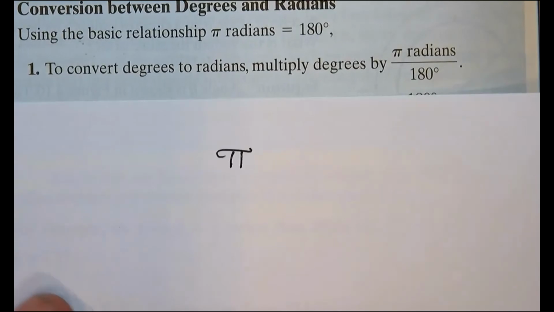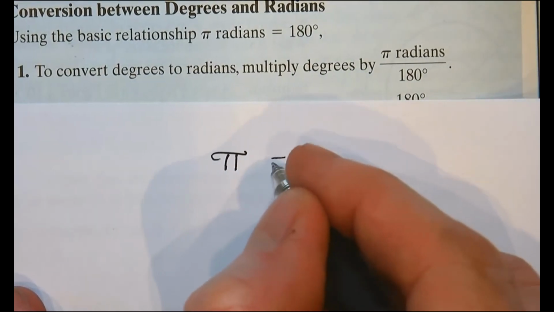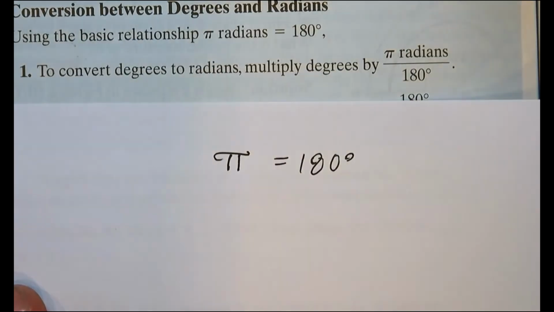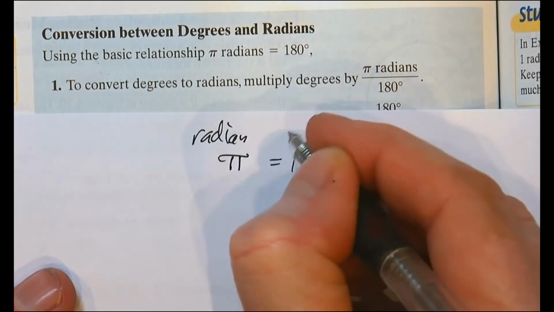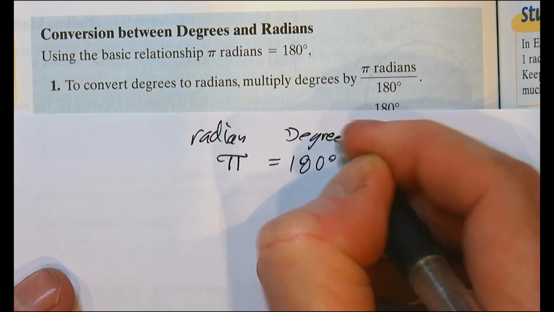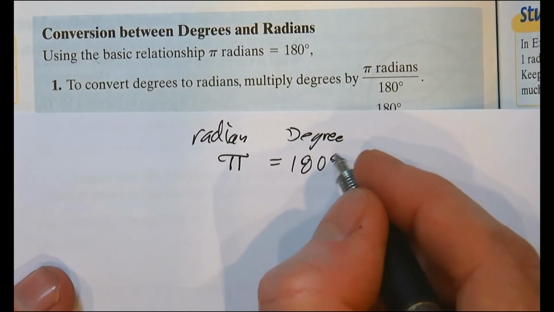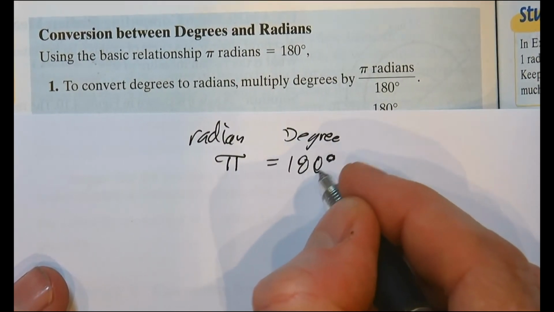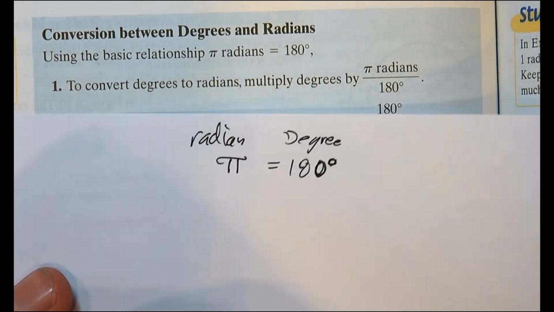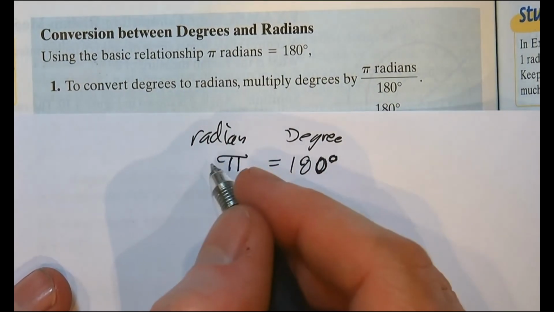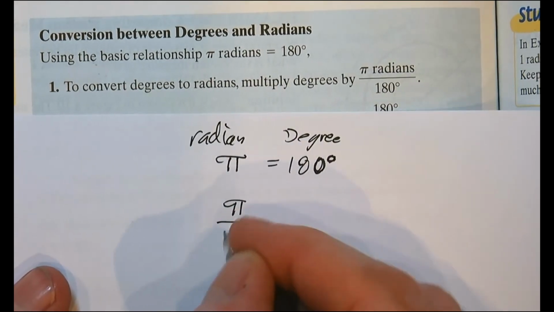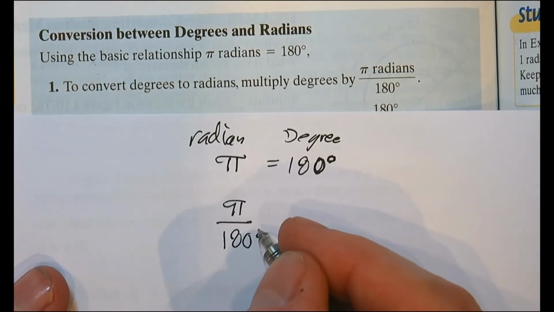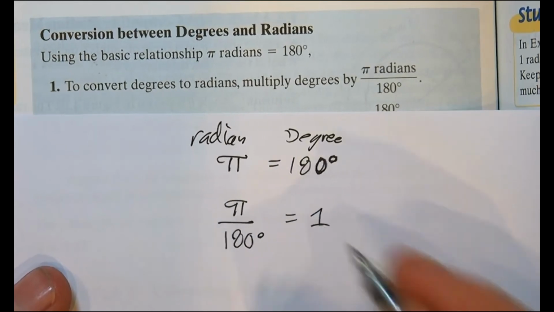Since pi is 180 degrees, this is the radian system. This is the degree system. And it's important you put the little degree symbol, because if you don't, people assume you're doing radians. Radians doesn't have a little symbol like that. So since these are the same, if you put pi over 180 degrees, this is considered 1.